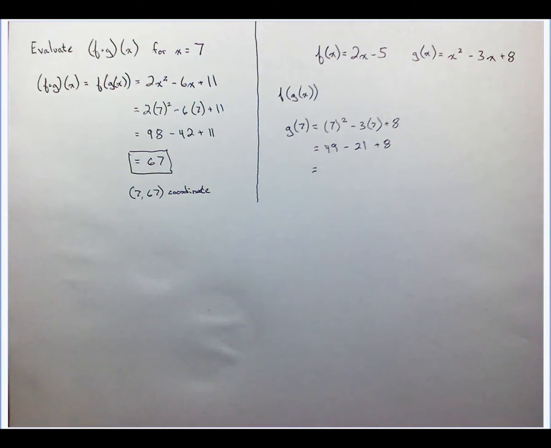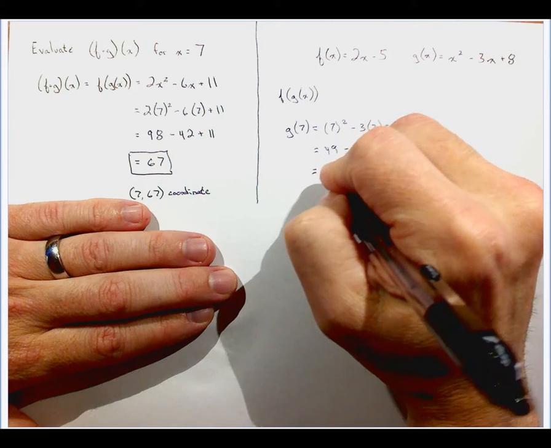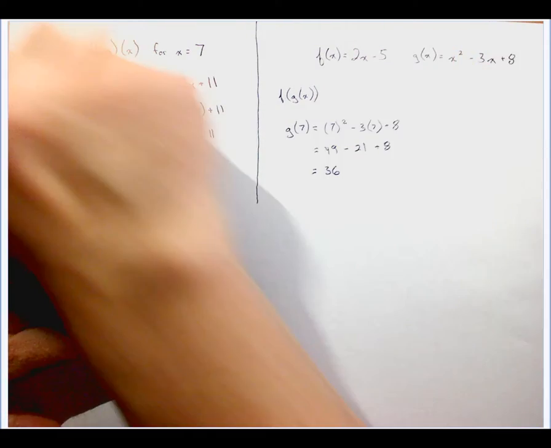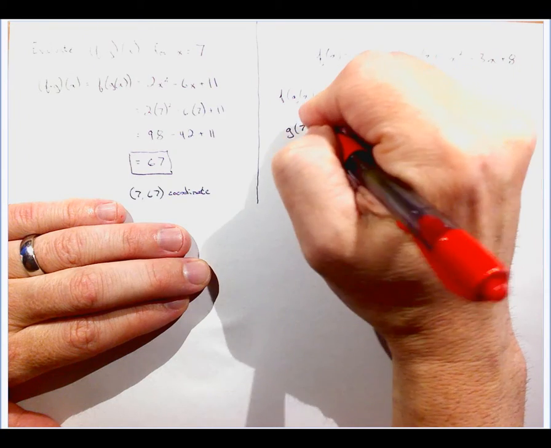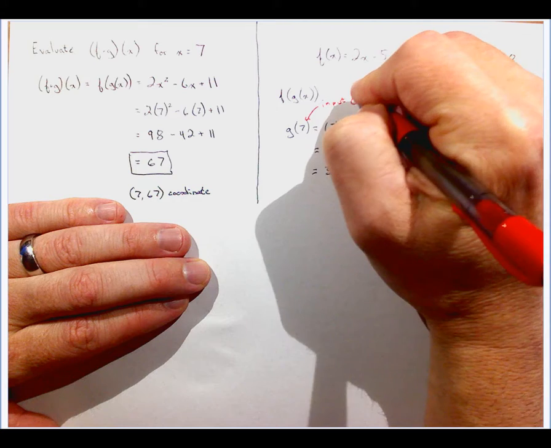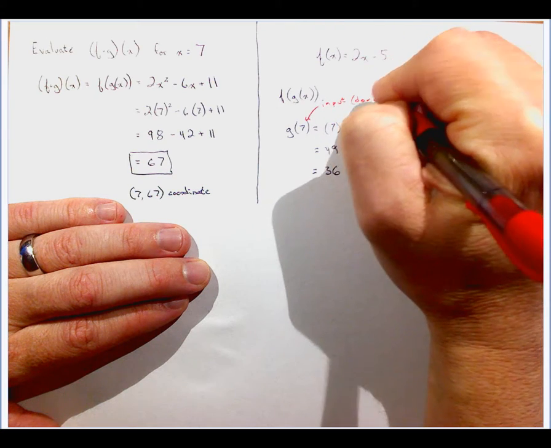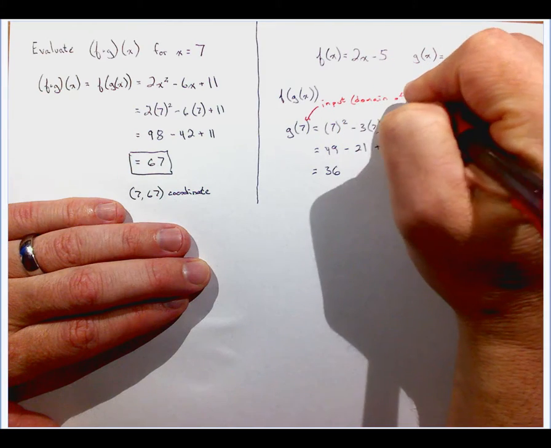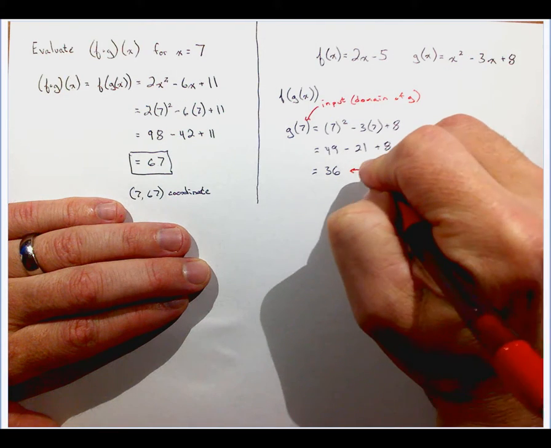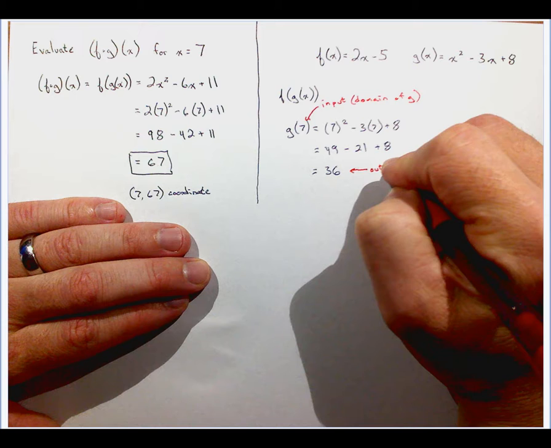Let's see, 36. Okay, this right here was input, and how we viewed that is the domain of g. This here, for where we're at right now, is output.